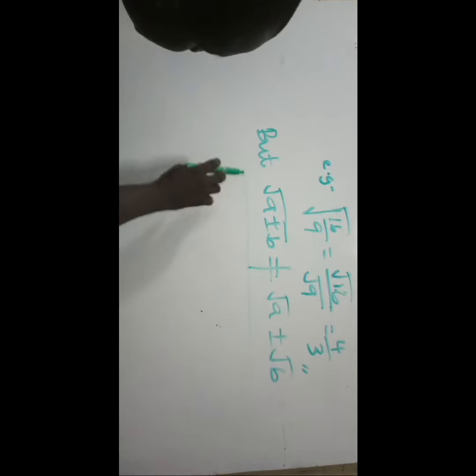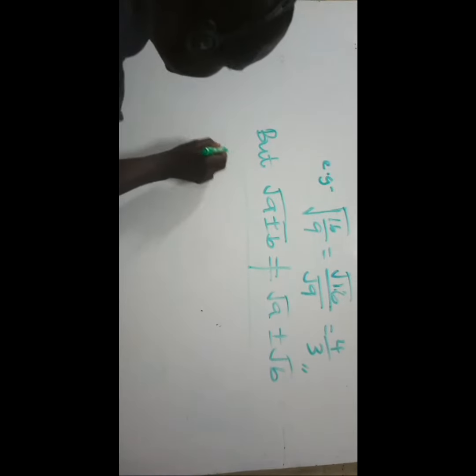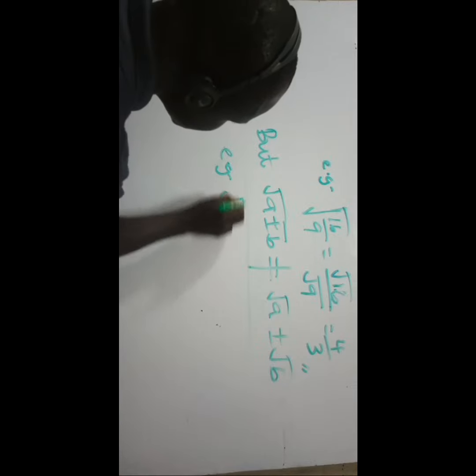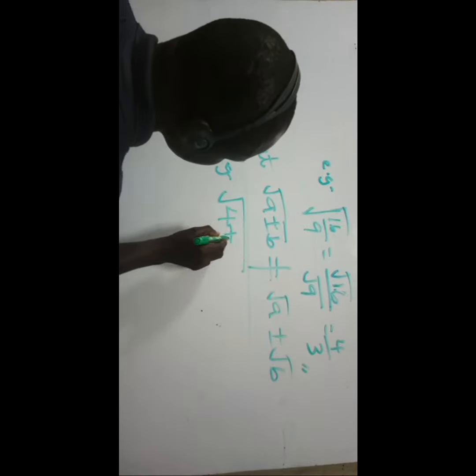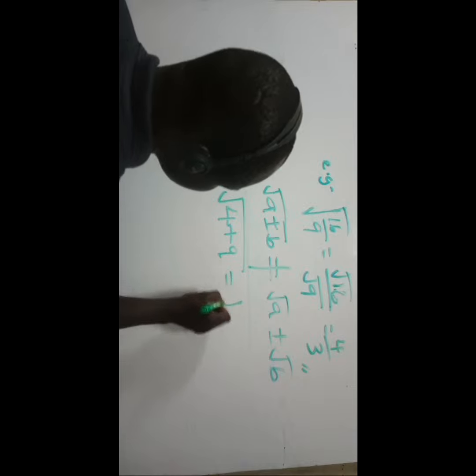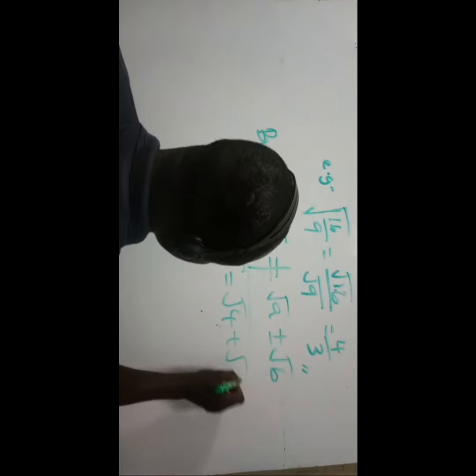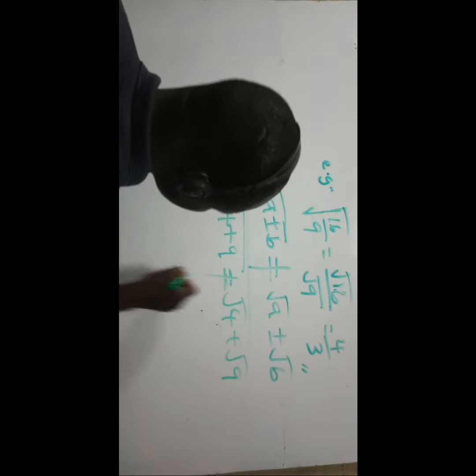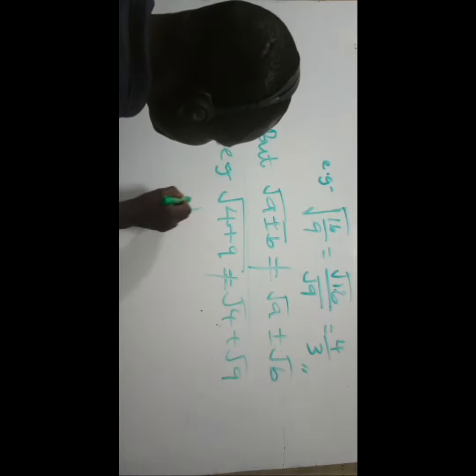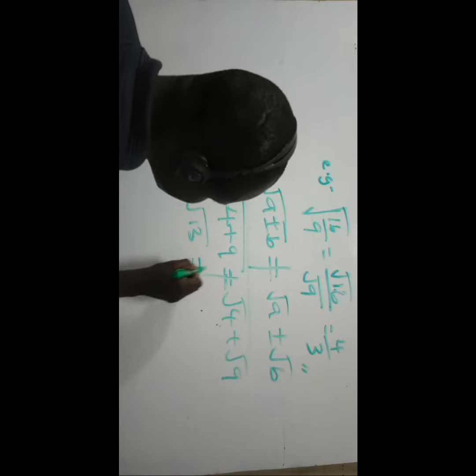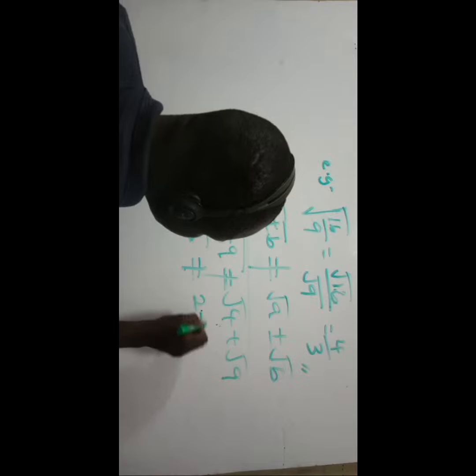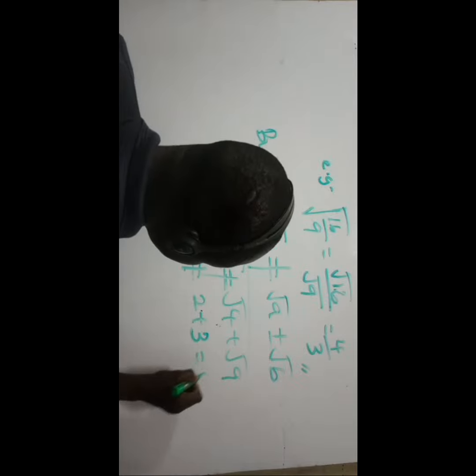But when you now have addition and subtraction, you cannot break this down. For example, we cannot say that the square root of 4 plus 9 is equal to square root of 4 plus square root of 9. Addition does not hold because square root of 4 plus 9 will be square root of 13, which is not the same thing as square root of 4 is 2 plus 3, and that is 5.